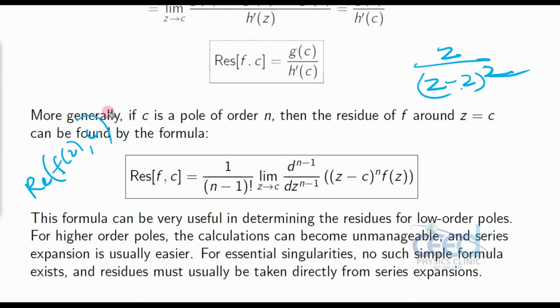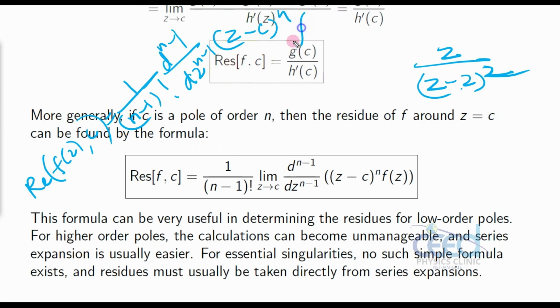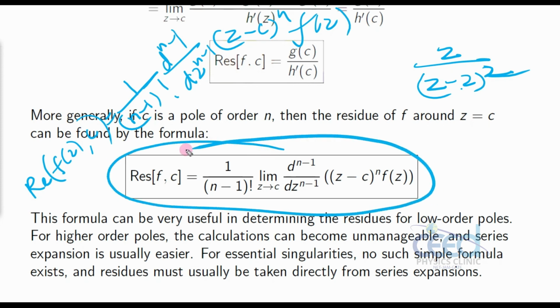That is equal to 1 by n minus 1 factorial into d raised to n minus 1 by dz raised to n minus 1 of z minus c all raised to n times f of z. This is the formula to calculate the residue. I can do the same problem using this formula, then you will get more idea. You have to remember this equation.